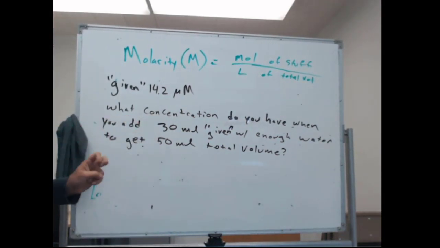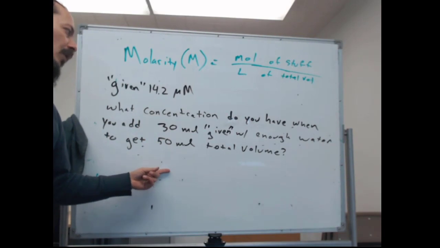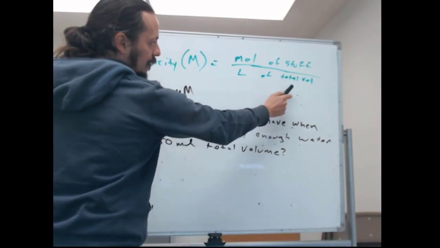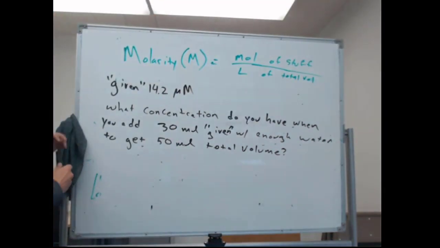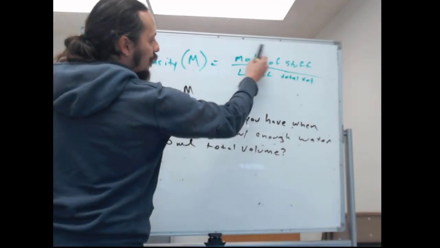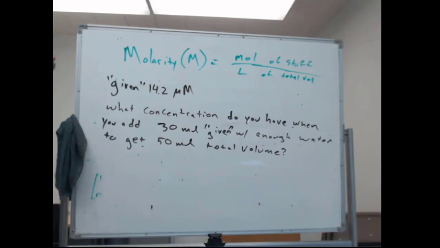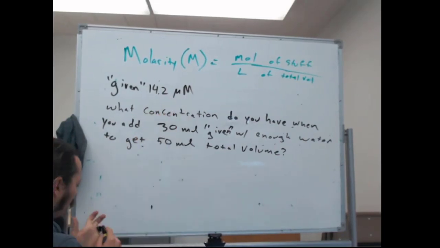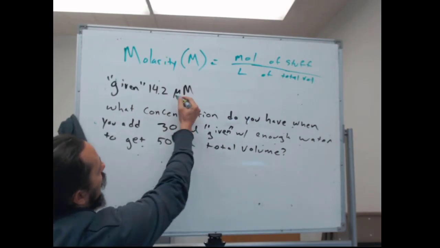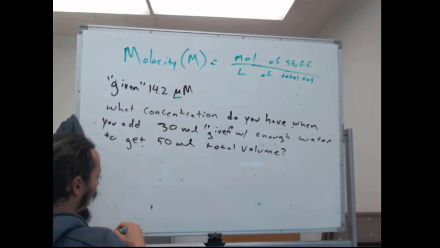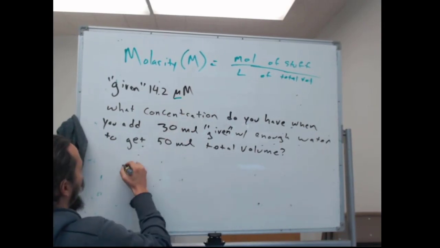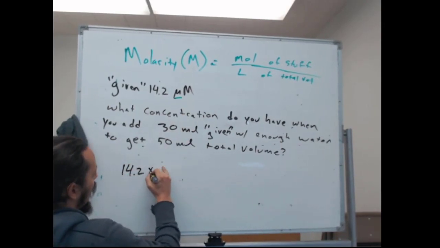So the calculation we're going to be doing is essentially we're going to calculate how many moles of our interesting thing there are in the total volume. The total volume is given, so we've already got that, and we just need to calculate that number of moles. In order to calculate number of moles, we're going to be using that concentration, where we have to recognize that funny symbol there. That's not a U, that is the Greek letter mu, which stands for 10 to the minus 6.